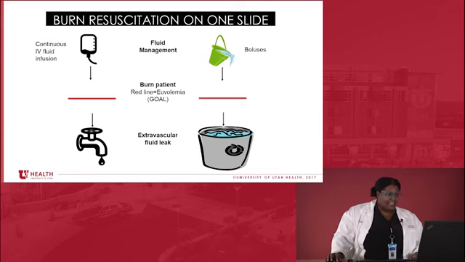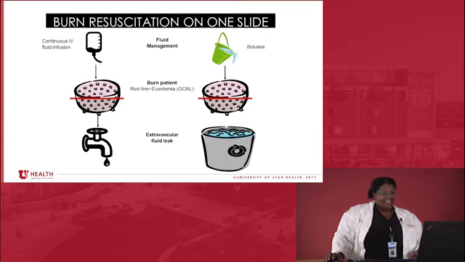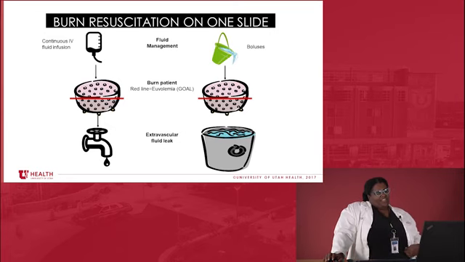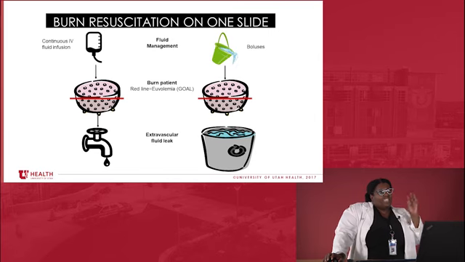Next slide. So here's what we equate that to, a colander, right? So if you give fluid slowly and continuously, they're more likely to stay inside those leaky vessels versus being pushed out into the extracellular space. And so this is the pictorial equivalent of that.